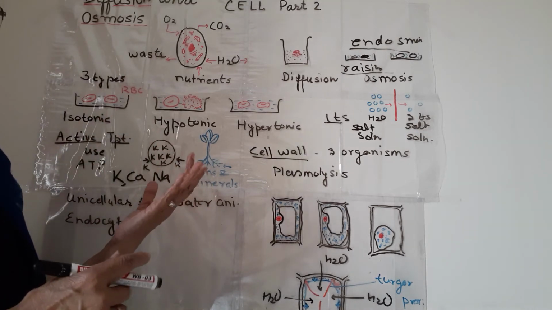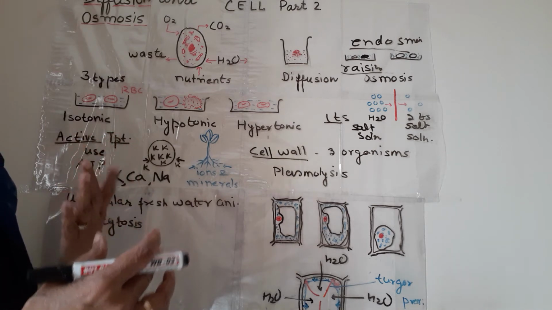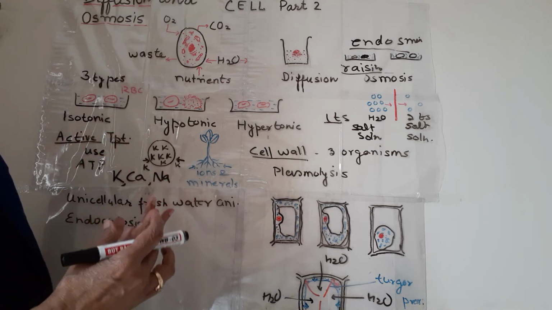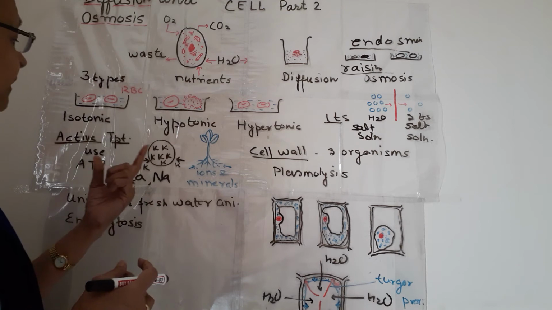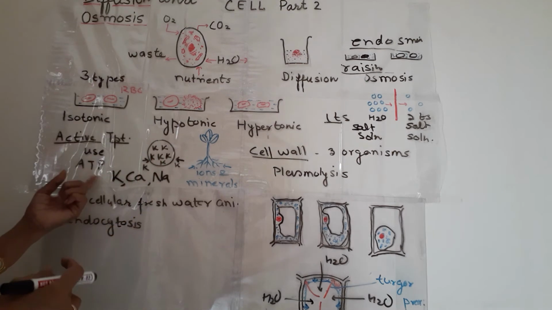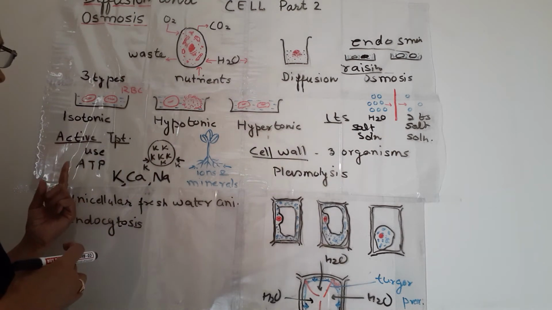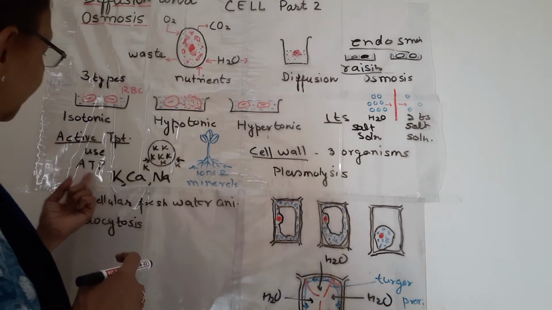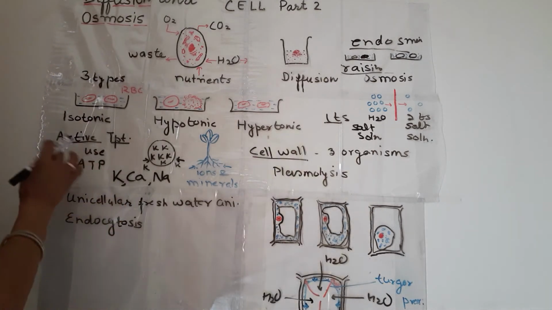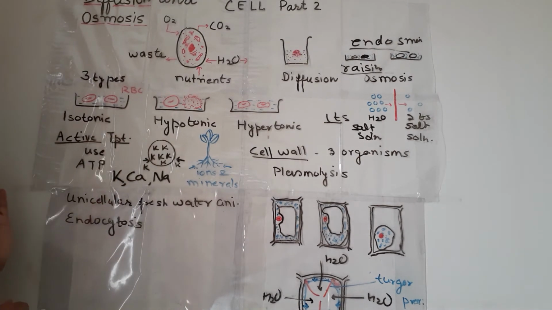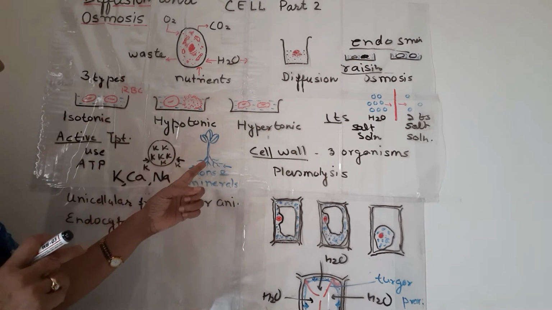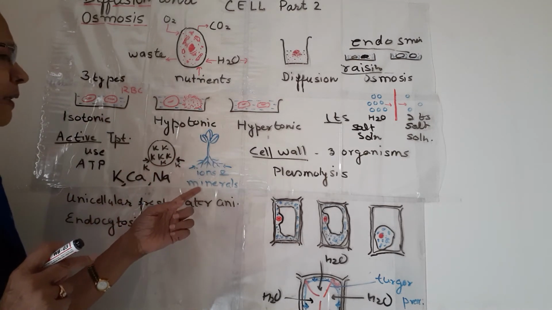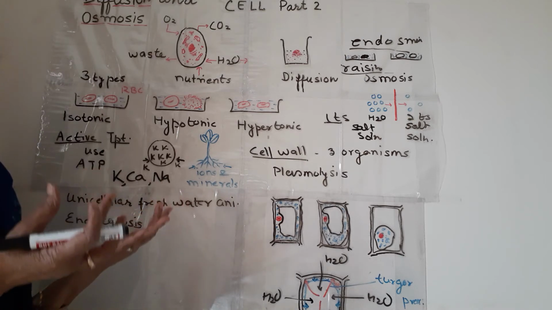This is known as opposite or against the concentration gradient, and this takes place by use of energy, adenosine triphosphate or ATP. When ATP is used, then this active transport takes place inside the cell. And in plants, in the roots of the plants, most of the minerals are being taken up.